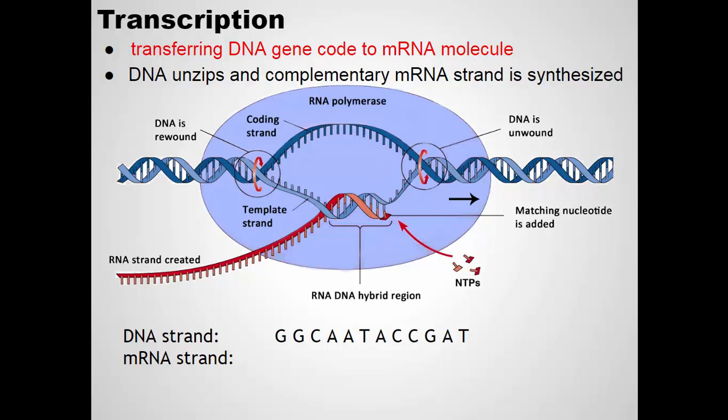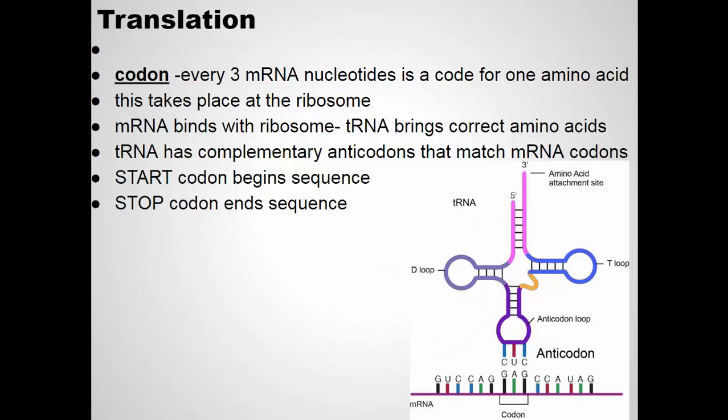Because you complete me. Right, there's no T, but the U is the substitute. So the messenger RNA bases match up, and then that messenger RNA can head out of the nucleus to the cytoplasm for the next phase, which is translation.